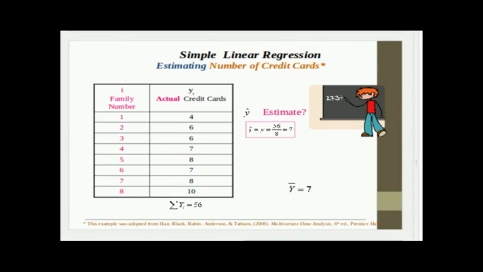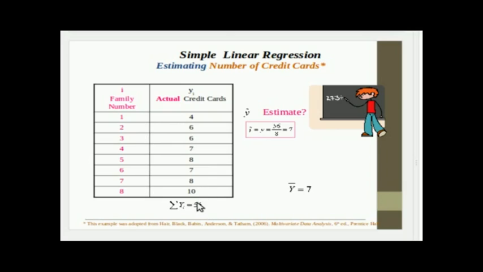For estimating the number of credit cards, we need to calculate the mean of the responses. You know very well how to calculate the mean, that is the average: we just take the sum of all the credit cards and divide by the count of families.